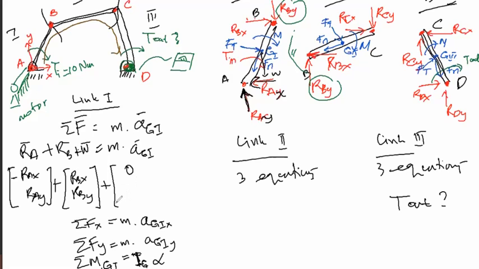Then because going upward is positive, I will put m times minus g, equal to m times a in the x direction and a in the y direction. Okay, thank you. Is there any other question?